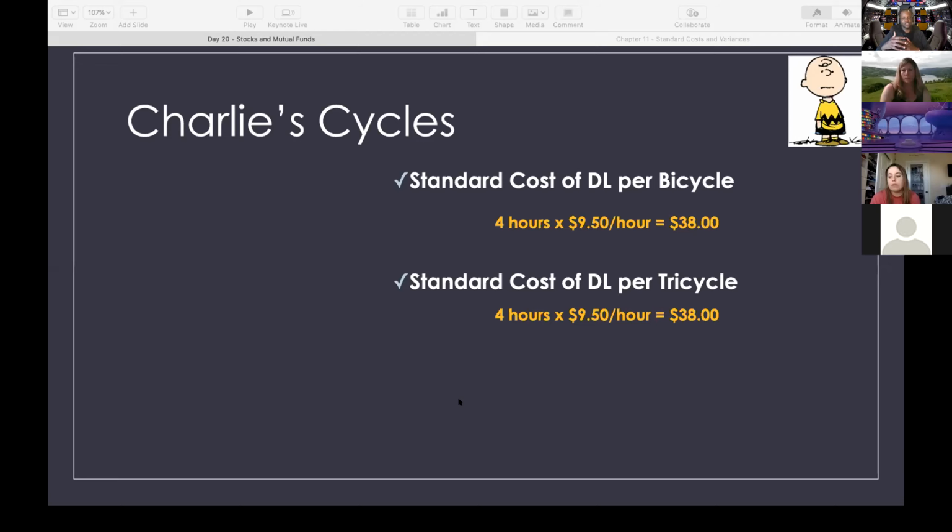So we could say $9.50 per hour for the laborers working on the bicycle, but because the tricycle is more complicated, we're paying those employees $10 an hour. So we don't necessarily have to use the same rate. All this comes into the budgeting.